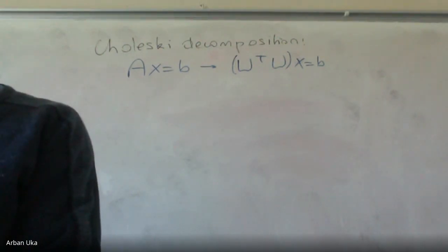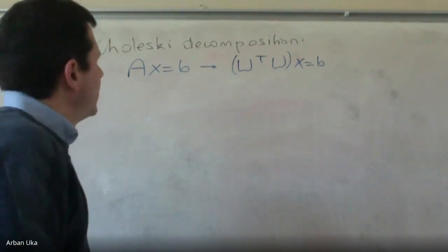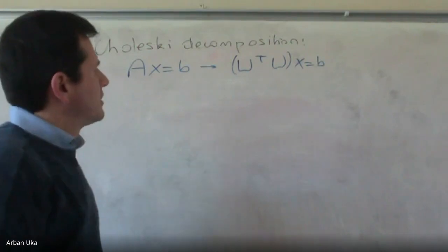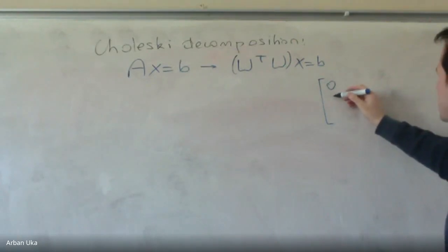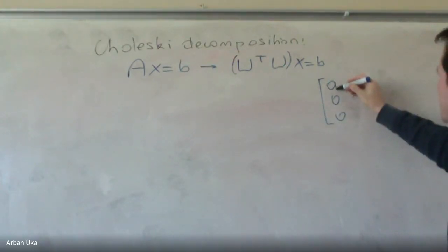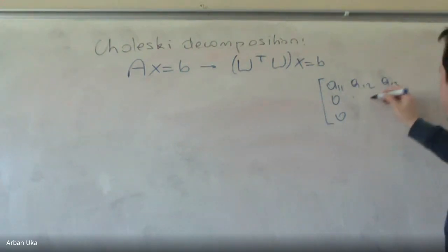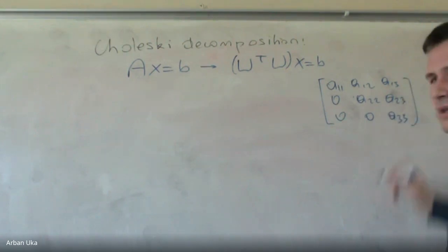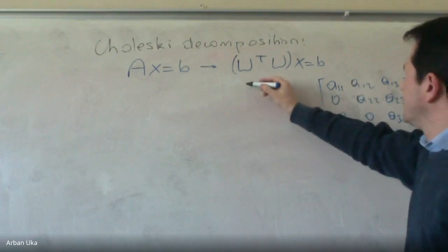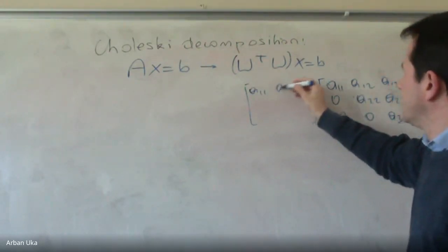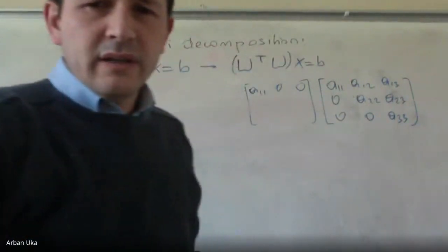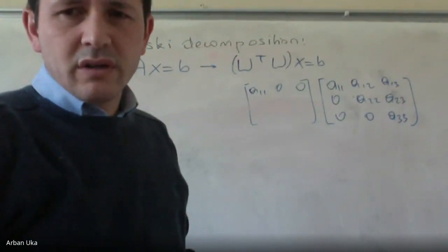For any matrix that we want to represent like this, we know that an upper triangular matrix would have zeros below the diagonal, with entries A11, A12, A13, A22, A23, A33. This would be the upper triangular matrix. Its transpose is going to be something like A11, 0, 0, and so on.